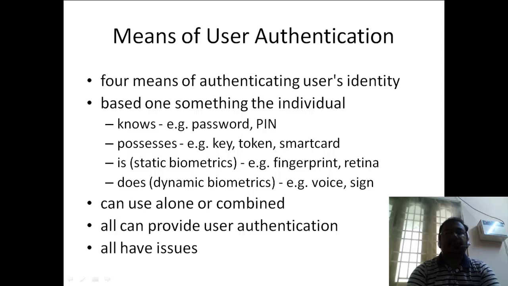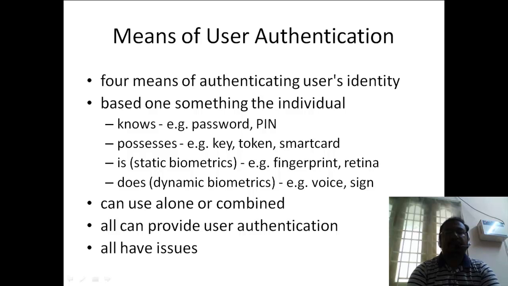With the thing that you possess, you try to access the system. A key might be a public key or a private key. Tokens are issued on a temporary basis. If someone wants access to a particular system, he can be given a token. He can access the system for a particular period of time, and then he can terminate the usage. And also, you know what a smart card is.